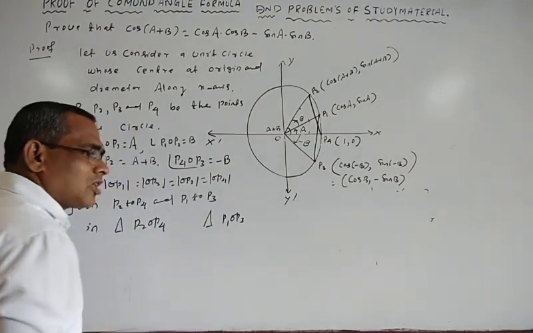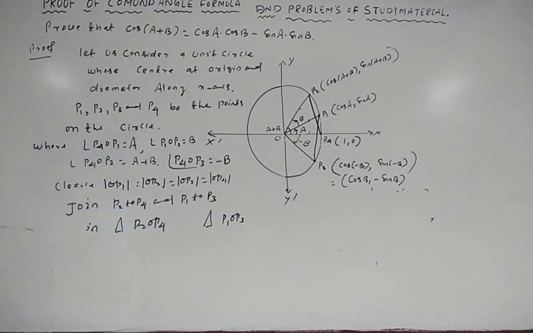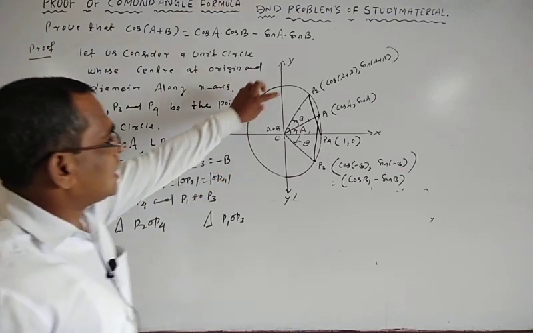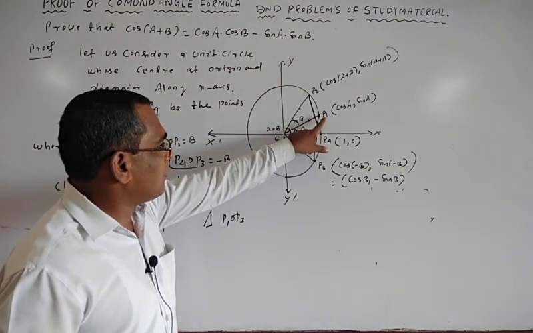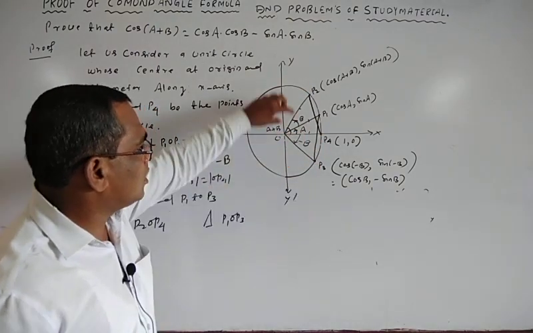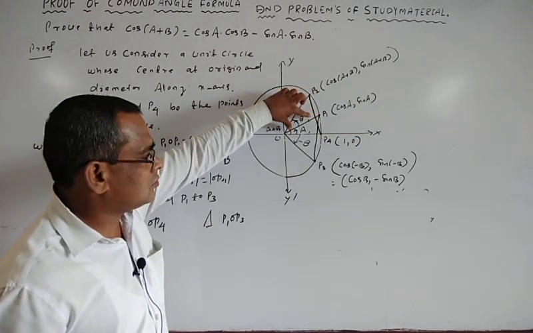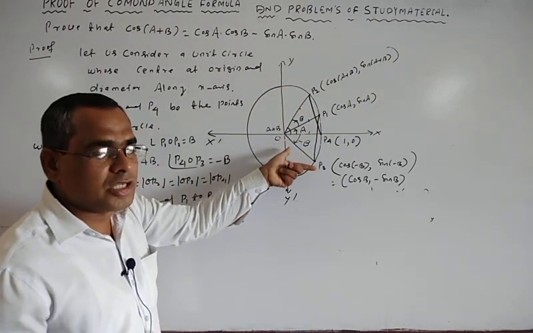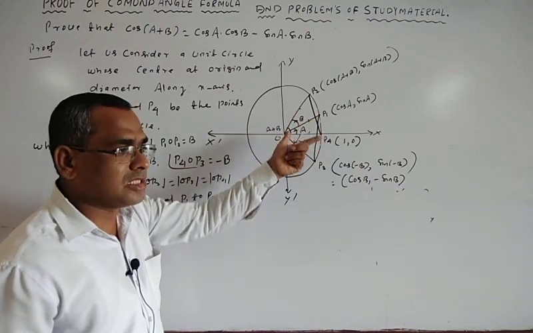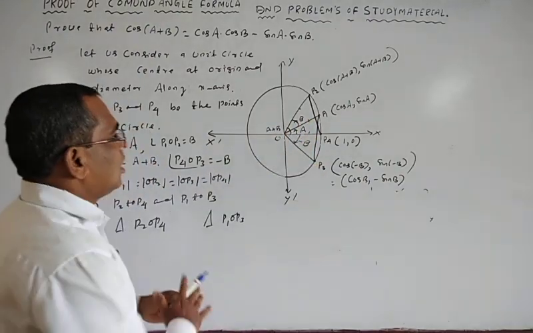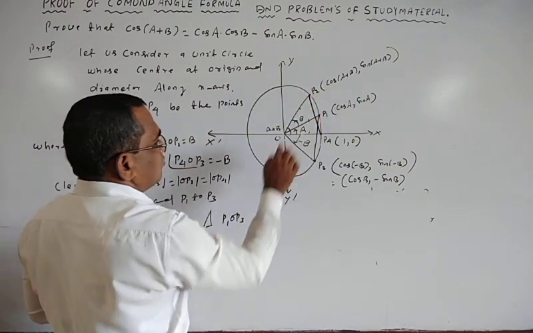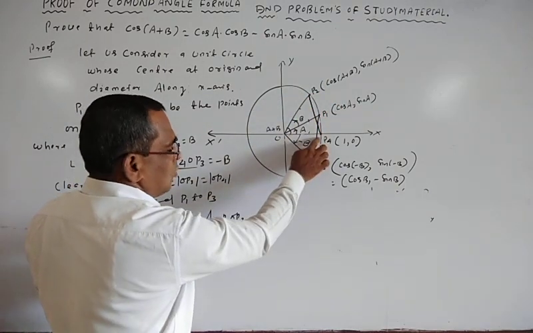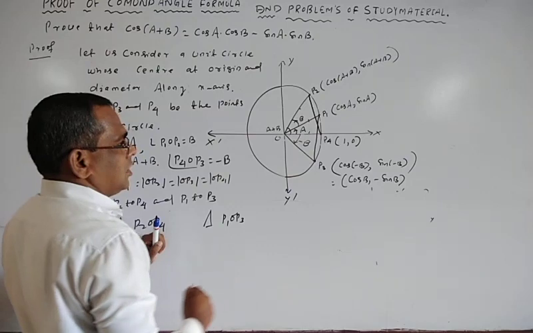So in these two triangles, what do we conclude? In triangle P2 O P4 and P1 O P3, OP1 and OP3 are radii of the unit circle, which means the length is 1 unit. OP2 and OP4 are also 1 unit.